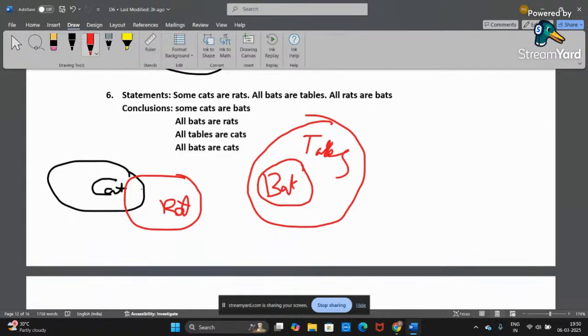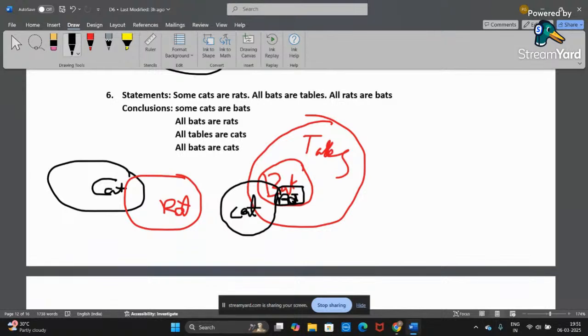All rats are bat. That means this has to be inside this. So we have to write that all rat, and this cat also, because some cats are rat, right?